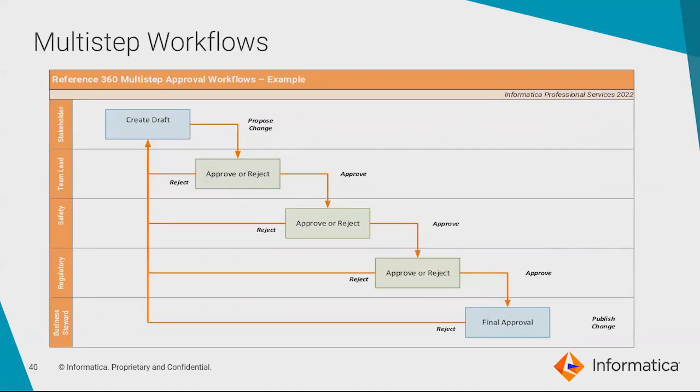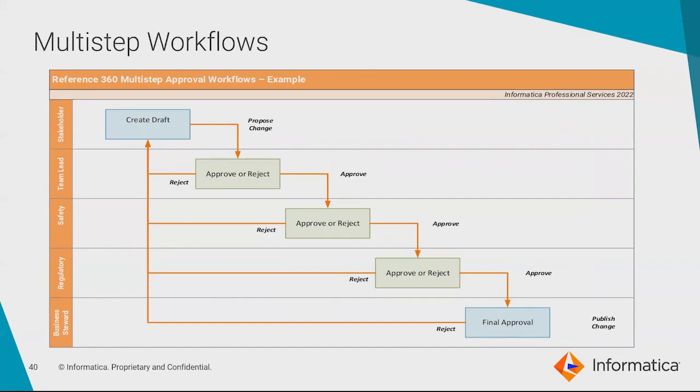Now, here's an example of why you might want to define a multi-step workflow. At the top left here, we have a stakeholder who creates a draft, like we saw in the demo. They either change a value or they add new values, they delete some values. That is proposed as a change. So then they send this off for approval. And maybe there's a team lead for those stakeholders and they can say approve or reject.